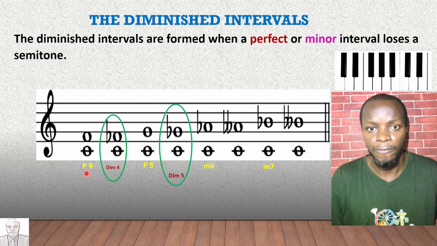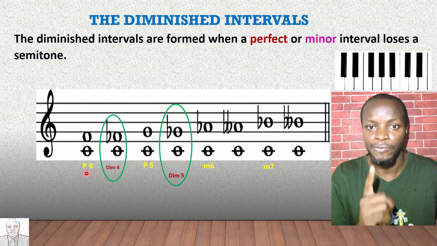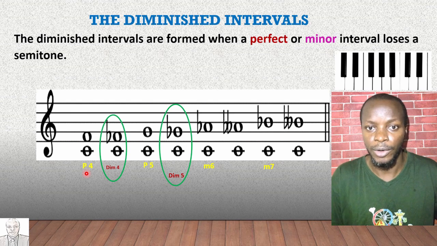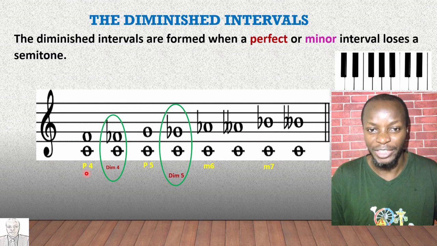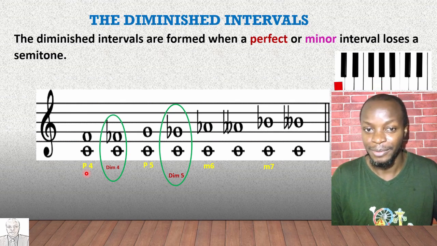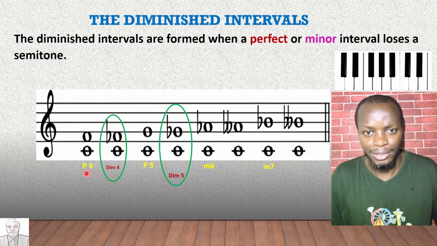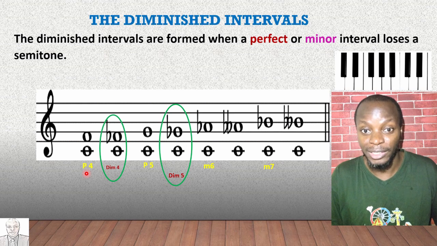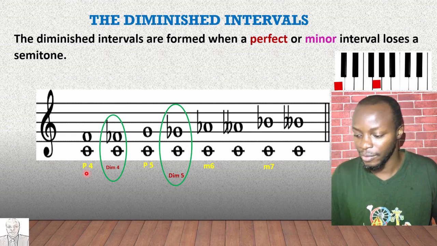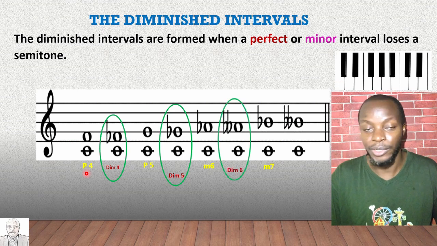Now, when you further reduce a semitone from this interval, then you have, don't mix it up with a perfect fifth, right? Because in this context, it's performing the role of a sixth, but with that double flat. So A double flat. Alright, so that is a diminished sixth. Right?